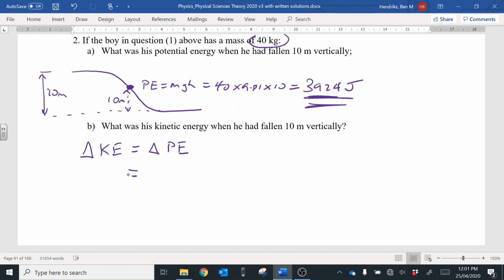So the change in potential energy is going to be this as well. When he gets all the way down to the bottom, his total kinetic energy is going to be 2 times this. So halfway, his kinetic energy is equal to 3,924 joules also.